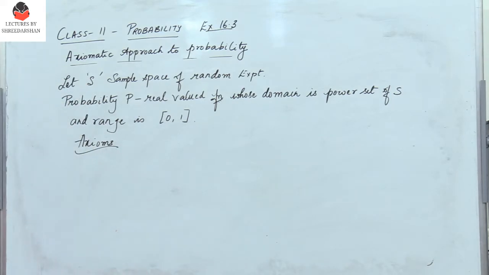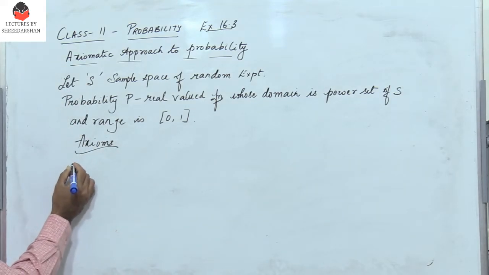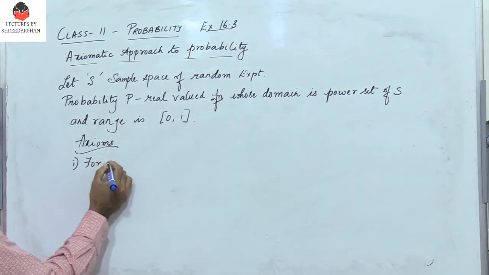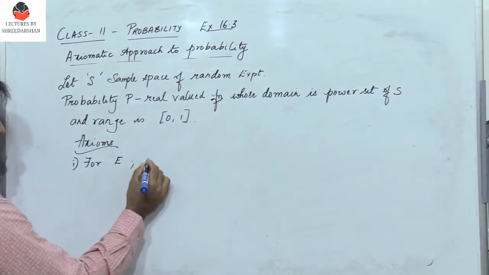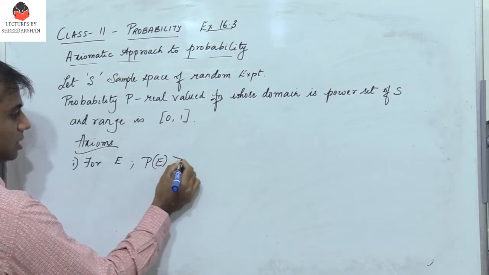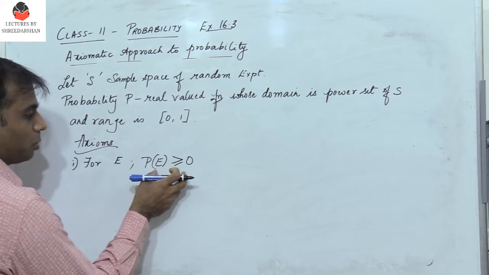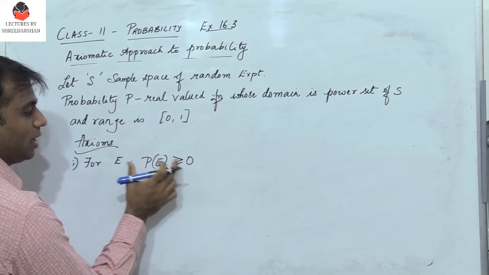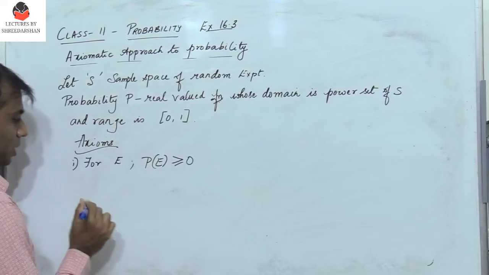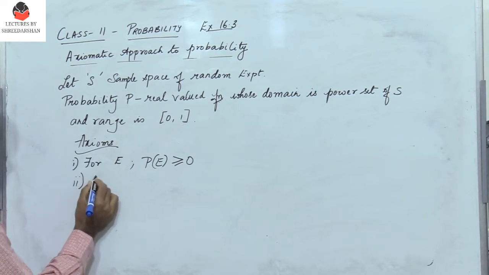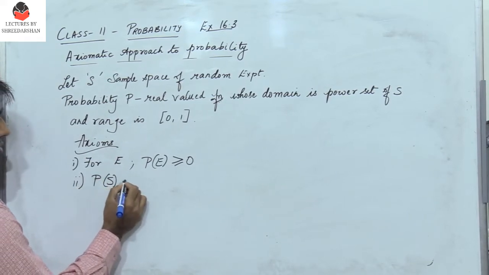Now what are they? For any event E occurring, the probability of event E is always greater than or equal to 0, right? So in fact the probability of any event will always lie between 0 and 1. The second one, probability of the sample space is equal to 1.